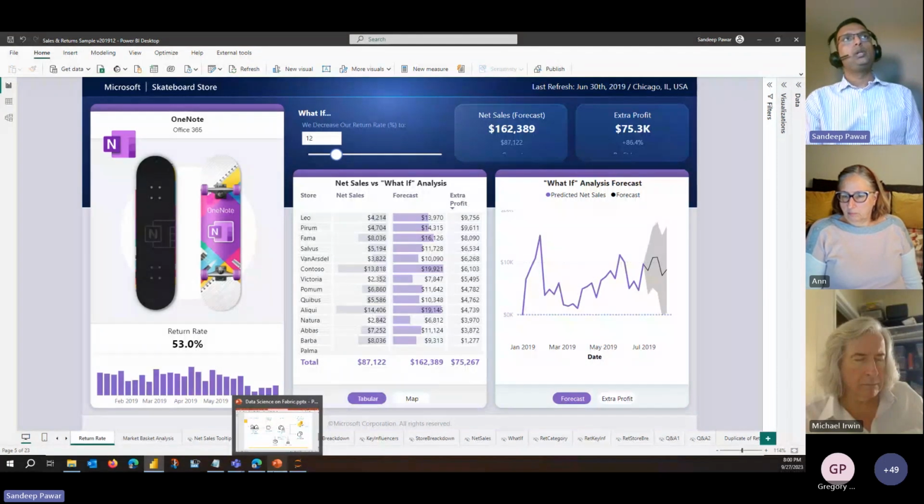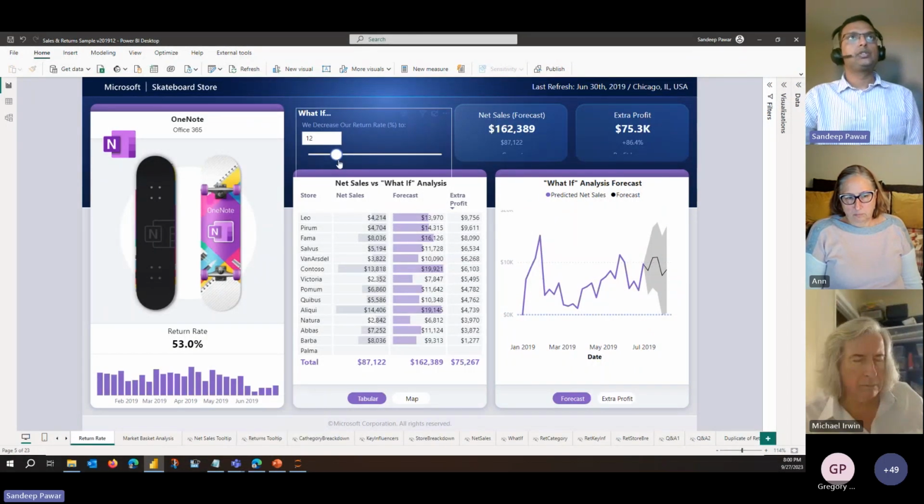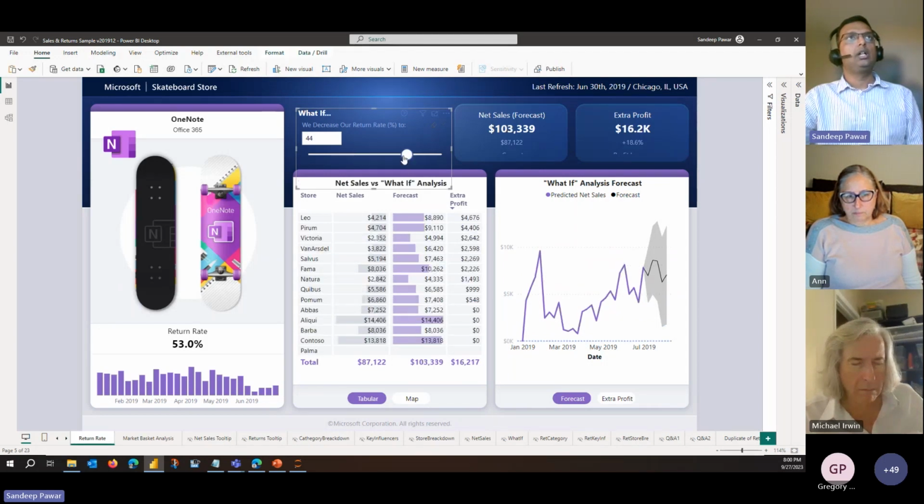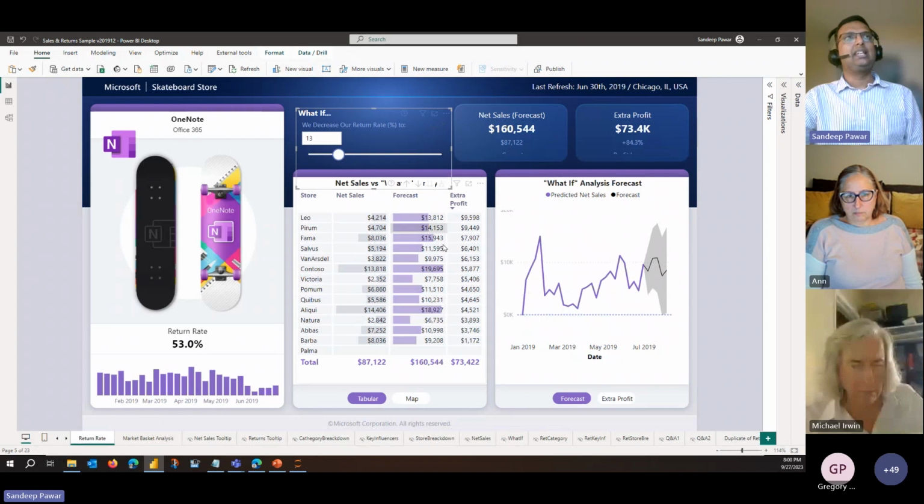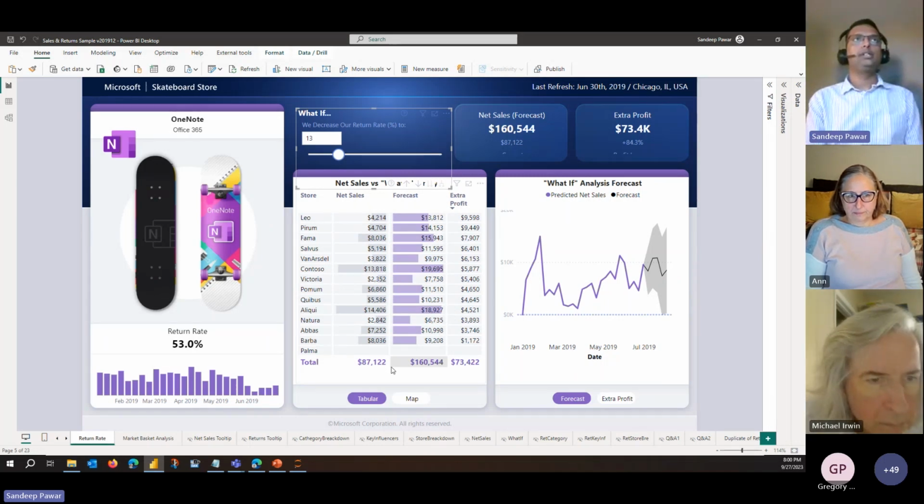Second, when we look at this percentage return rate, the idea here is very clever, that we give the user the ability to just change this return rate, right? Slide this, and then it should dynamically update my forecast and derate my overall return based on that. But if we think about that for a moment, exactly what this slicer is doing, I'm entering the percentage, 13%.